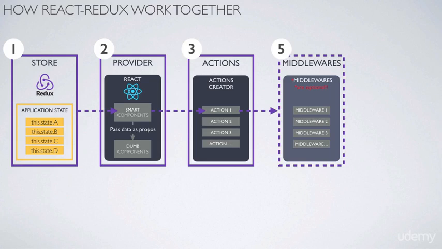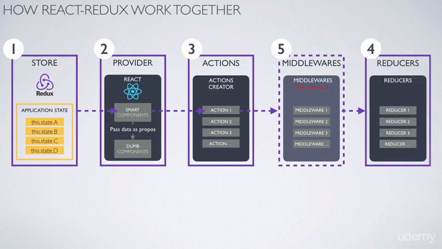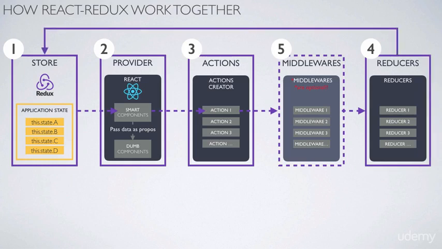For instance, you may want the current action to automatically invoke other actions, and so create a kind of chain of actions. Then the action reaches the reducer, which evaluates what to do with that action and finally updates the data in the store, which then updates the app, and so on in a circle.